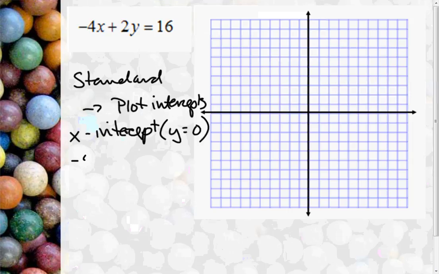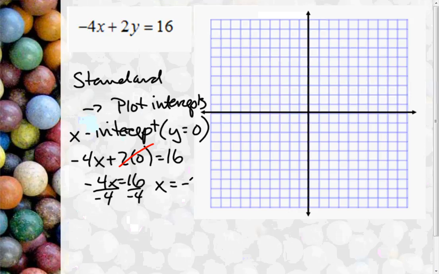So I'm going to take negative 4x plus 2 times 0 is equal to 16. The 0 goes away, so then I get negative 4x is equal to 16. So my x-intercept is going to be negative 4, 0.